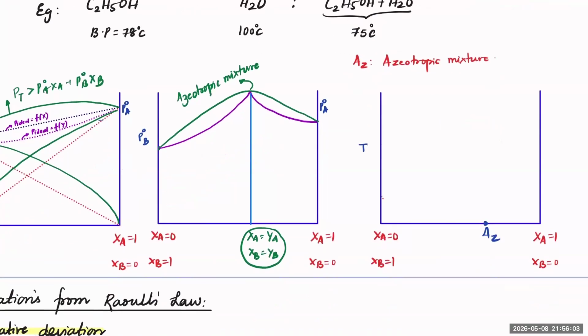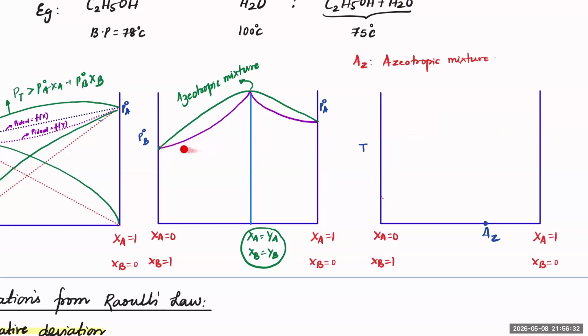Now notice this. If this is the vapor pressure of liquid B and this is the vapor pressure of pure liquid A, which one is more volatile? I can definitely say that A is more volatile in this case and B is less volatile. Lesser the pressure, less volatility. Now tell me, the one which is more volatile, its boiling point temperature will be less. And the one which is less volatile, its boiling point temperature will be more, correct?